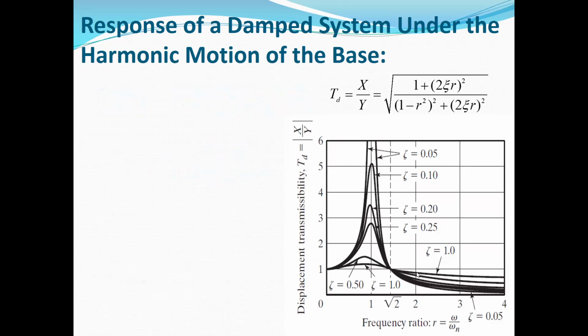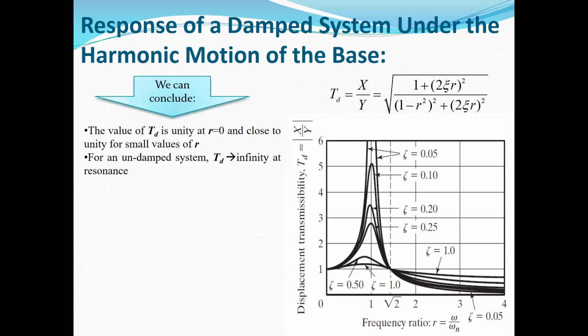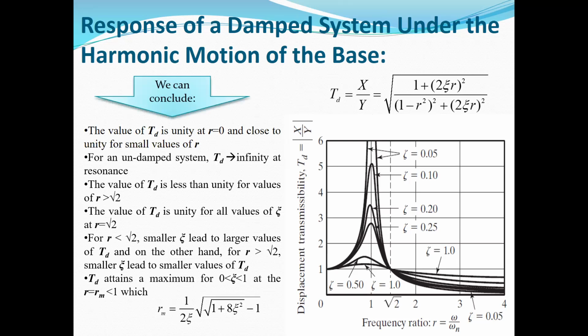So we can plot the displacement transmissibility versus the frequency ratio, and we can extract some conclusions from these curves. TD, or the displacement transmissibility, is the ratio of uppercase X, the amplitude of the response, to Y, the amplitude of the base excitation.